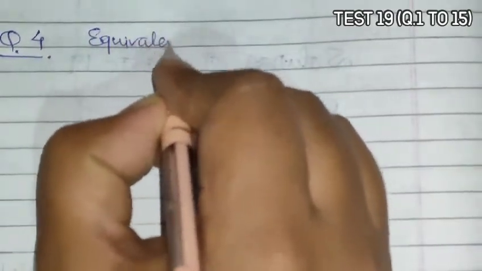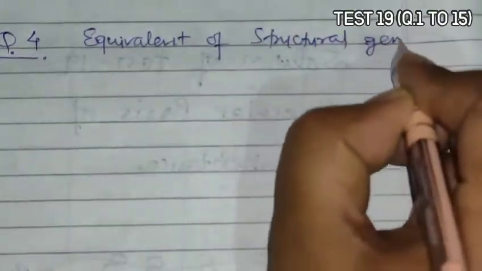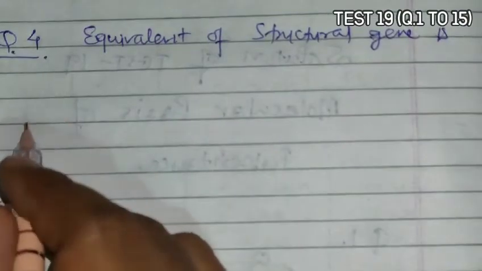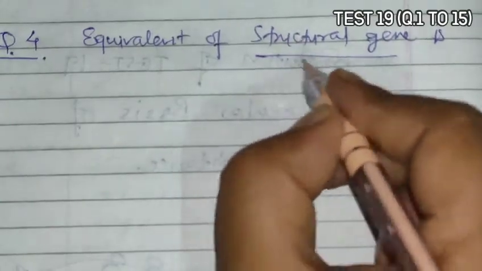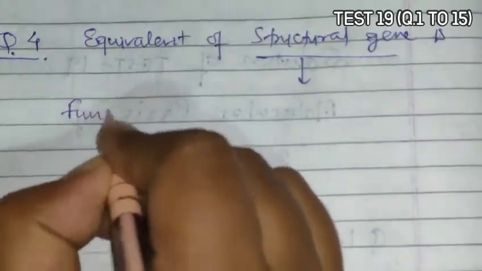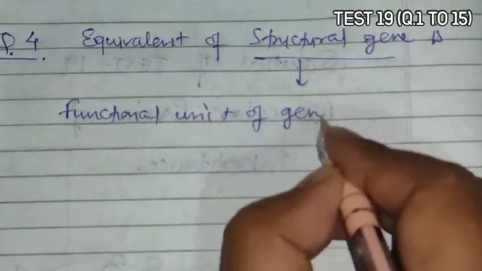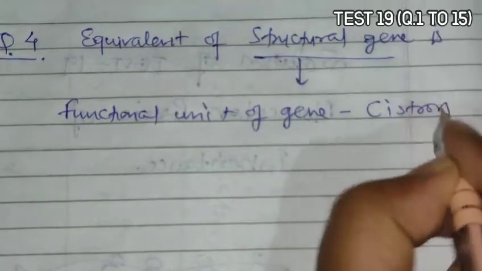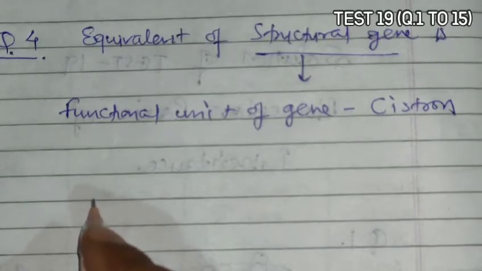Question 4 asks that the equivalent of a structural gene is. Now if we talk about the equivalent of structural gene, the functional unit of gene is known as cistron, and it is nothing but a length of DNA that contains information for coding a specific polypeptide.